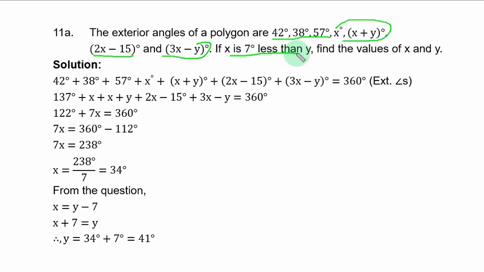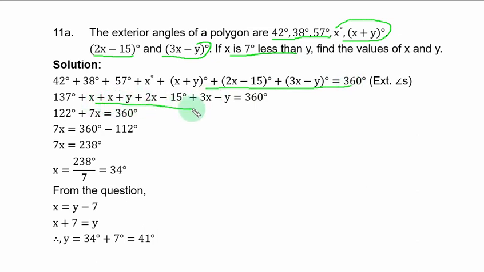In a polygon, the sum of all the exterior angles is equal to 360 degrees. So you add all the given angles and equate it to 360 degrees. If you open the bracket, you have this result.